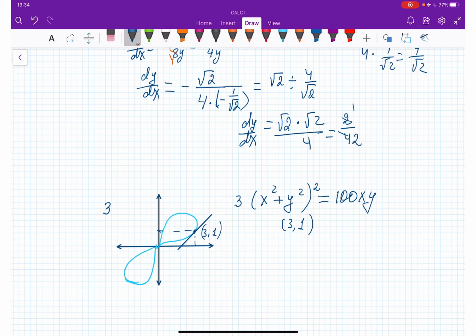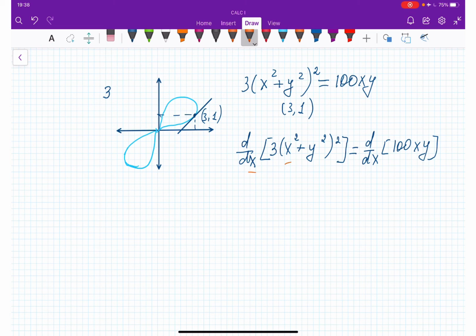So it is gonna be d by dx of 3 times x squared plus y squared to power 2, and it's equal to d by dx of 100xy.